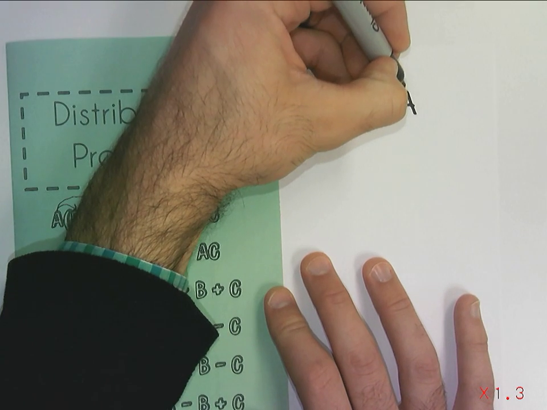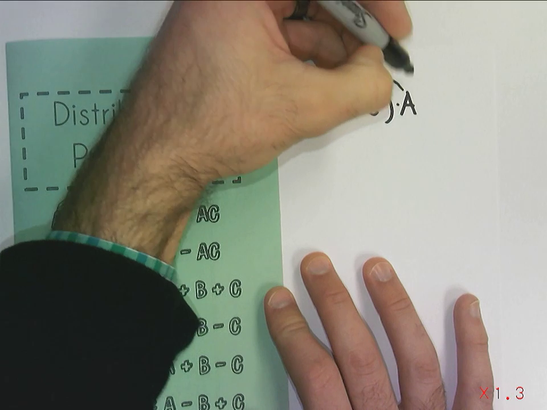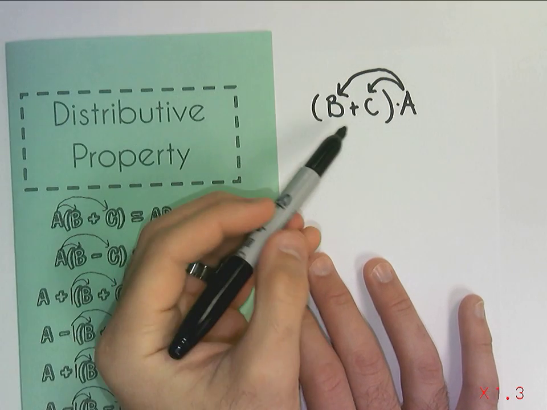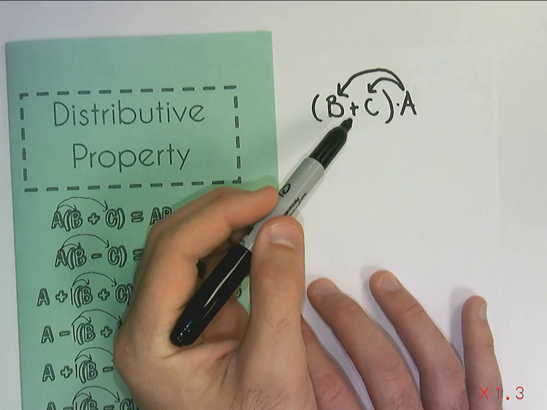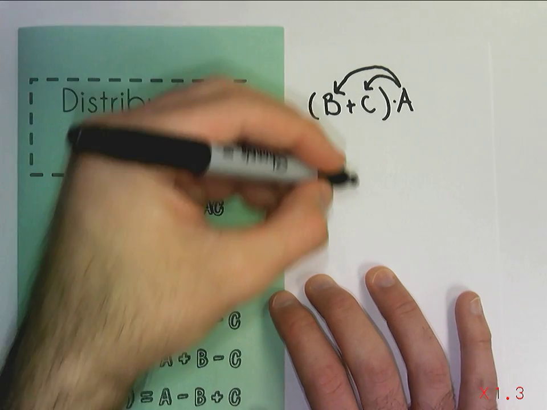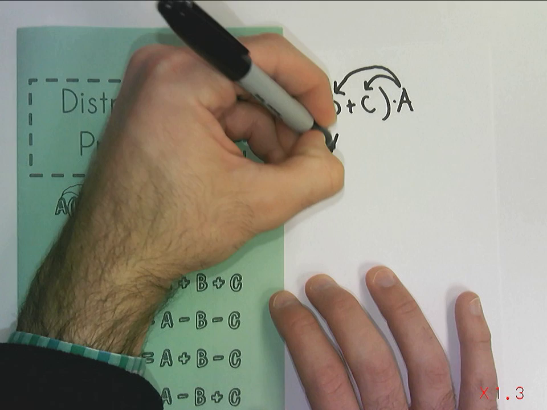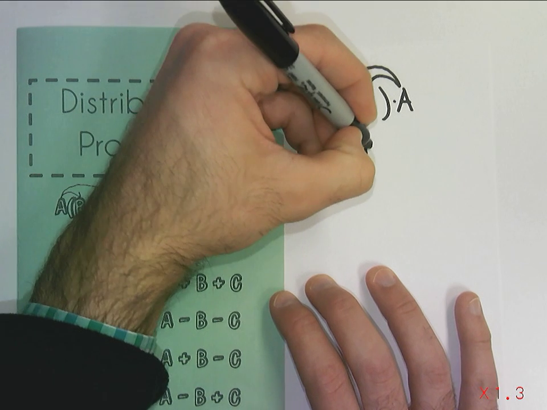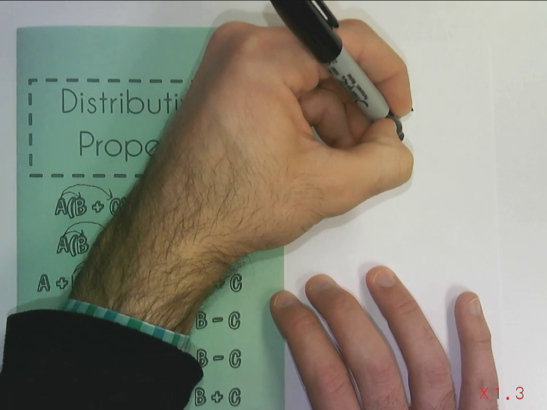You're still distributing this a to each of the terms that are inside of the parentheses. So this would still give me a times b plus a times c.